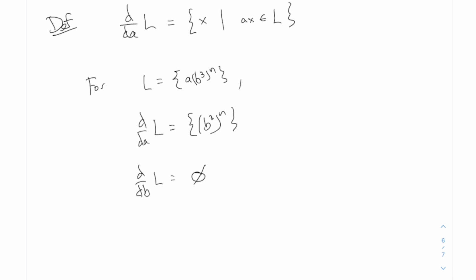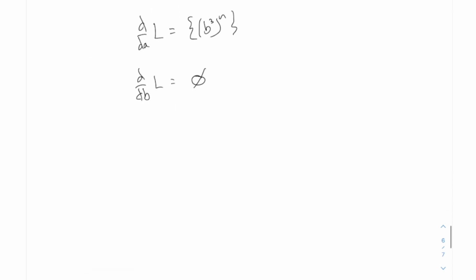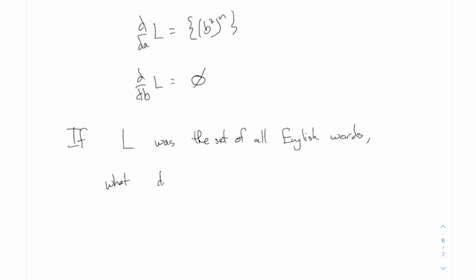So for instance, I'll just end with a silly example. Let's say L, this is, I suppose, like a real world example, was the set of all real English words. What does the derivative with respect to A of L look like?